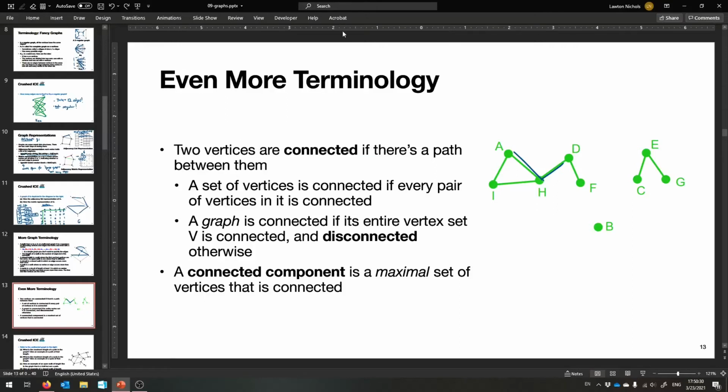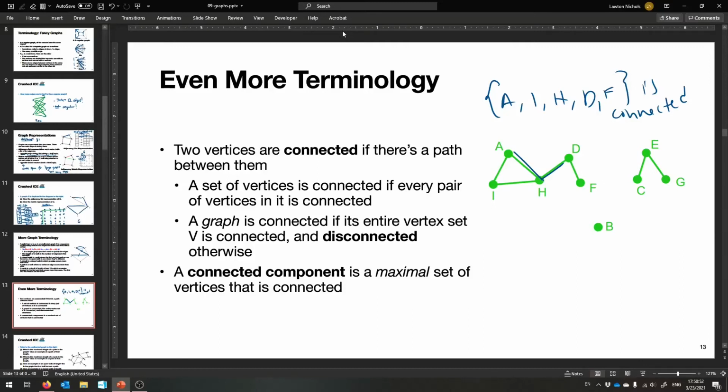We can also say a set of vertices is connected if every pair of those vertices is connected. So for example, this entire set of vertices, like A, I, H, D, and F, is connected, because there's a path between everybody and everybody else.